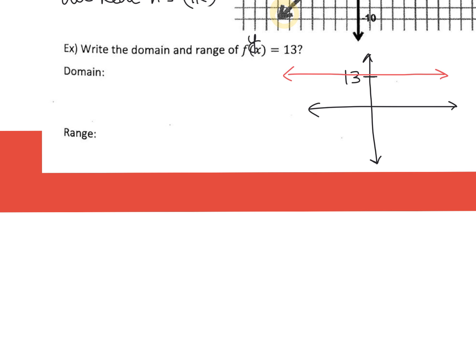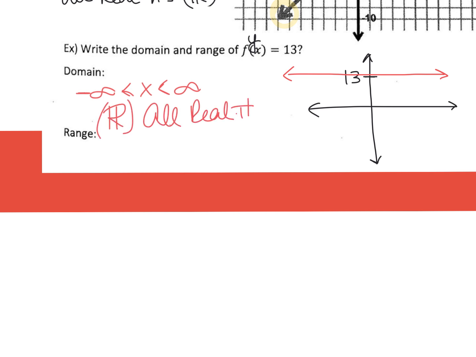So left to right, our domain would be negative infinity to positive infinity. Or, as we just learned, we can write all real numbers. You can either write it out or you can use a symbol.